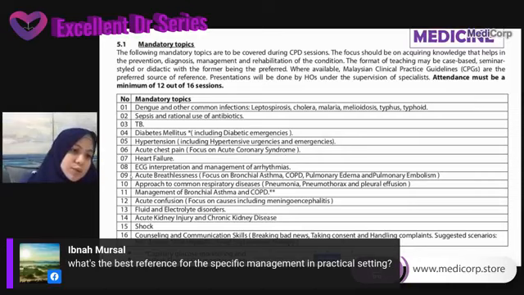But this book will be helpful to assist your initial reading or preliminary reading, so that it will be much easier for you to understand the full CPG. Because one CPG is hundreds of pages, right? Okay.